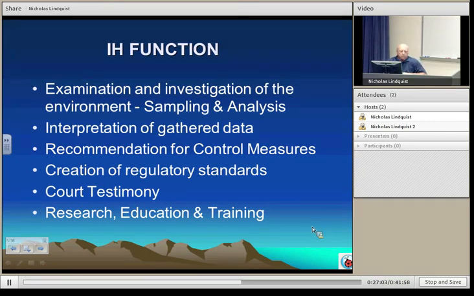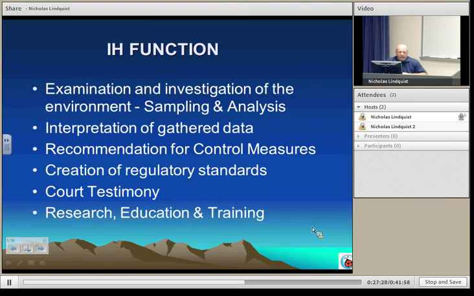The industrial hygienist can also be involved when standards are in development. As you in the environmental programs proceed into your careers, you will find that new regulations are often proposed with the intent of implementation.